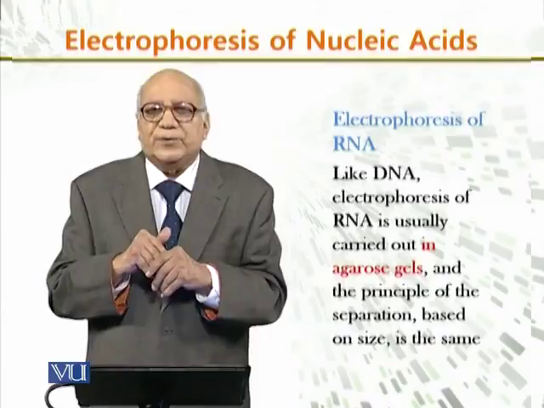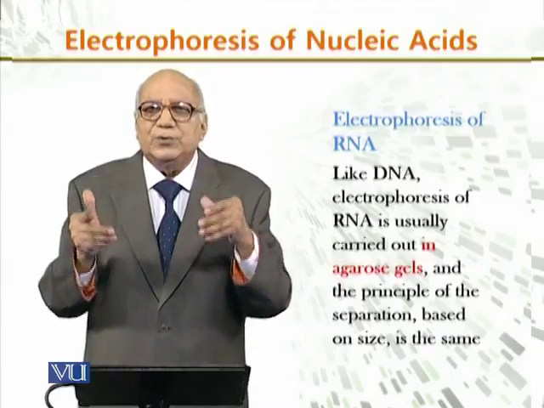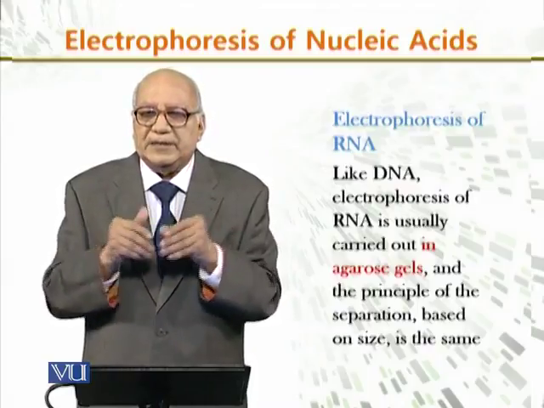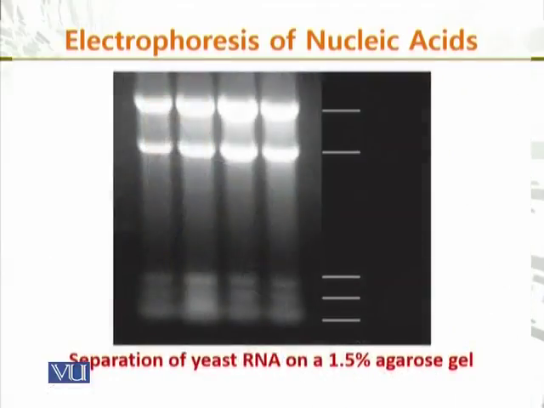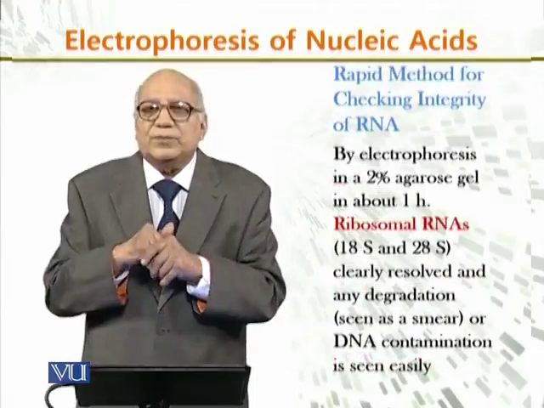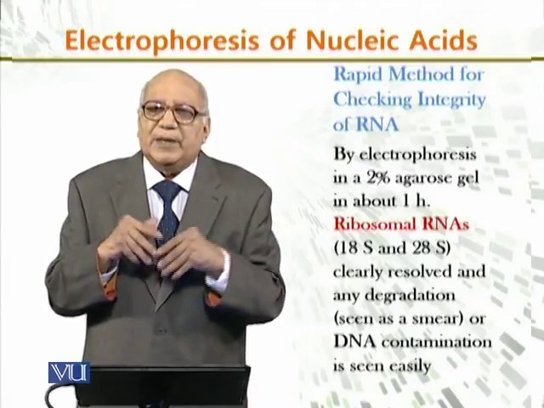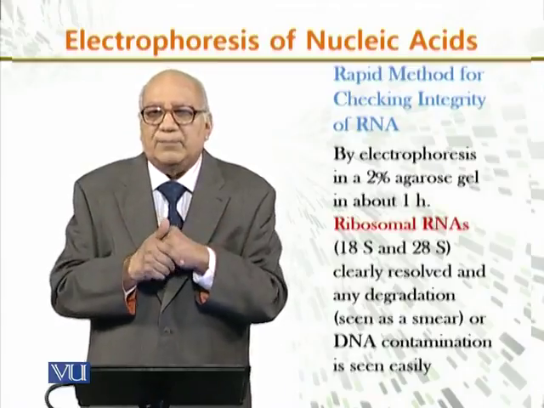Now, electrophoresis of RNA, like DNA, is usually carried out in agarose gel, and the principle of the separation is based on size, exactly the same as for DNA, as shown in this slide, where the separation of yeast RNA is on a 1.5% agarose gel. A rapid method of checking the integrity of RNA is by electrophoresis on a 2% agarose gel in about 1 hour.